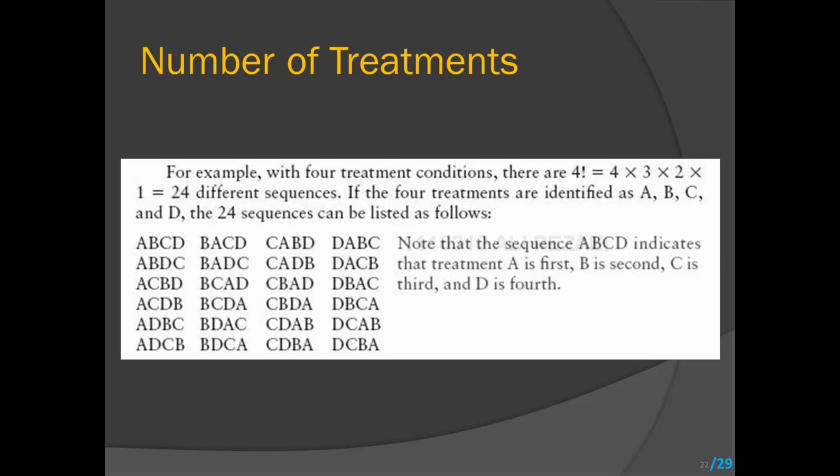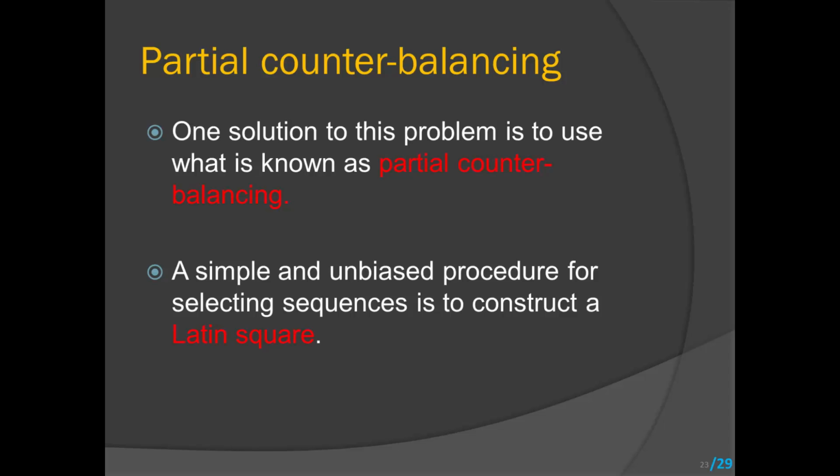Therefore, sometimes instead of doing a whole counterbalancing, we do a partial counterbalancing, which means instead of doing 24 different orders, we use a simple method called Latin square, in which we only use a limited number of orders.